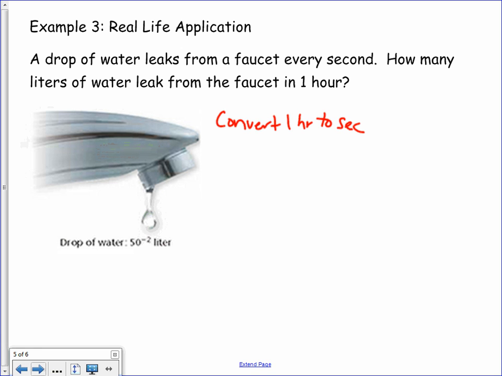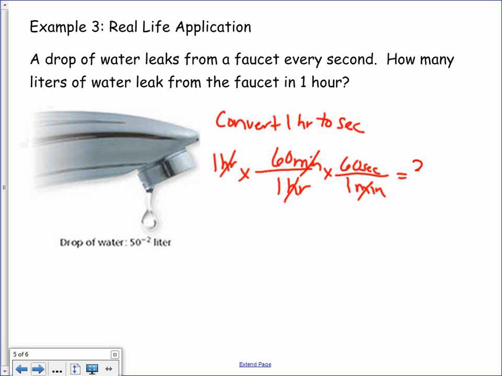There are 60 minutes in 1 hour, and 60 seconds in 1 minute. When we multiply all of that out, the hours cancel out, the minutes cancel out, and we have 60 times 60, which is 3,600 seconds in 1 hour.